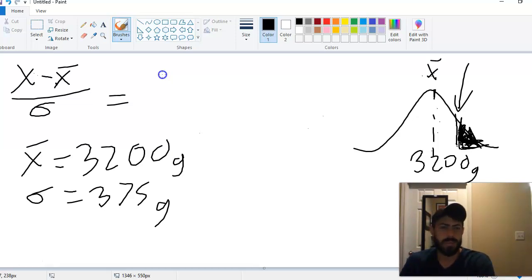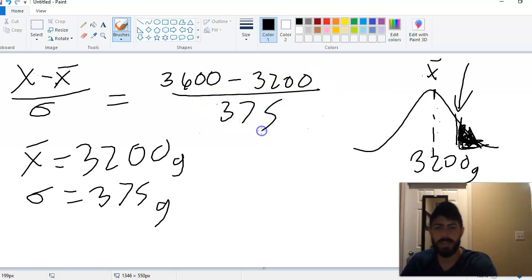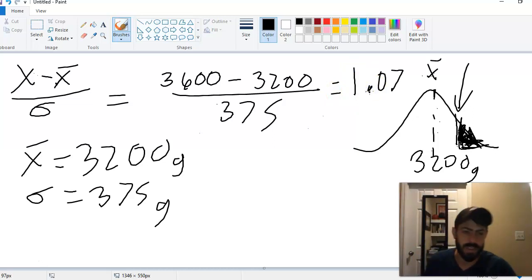We want to know, what is the z-score for 3,600? Well, we take 3,600, subtract the mean of 3,200, and divide by the standard deviation of 375, which a quick little calculation will show us is 1.07 if we round properly. So that's the z-score for this.